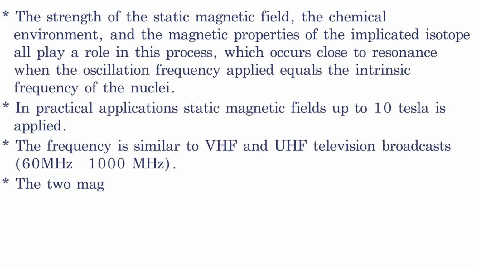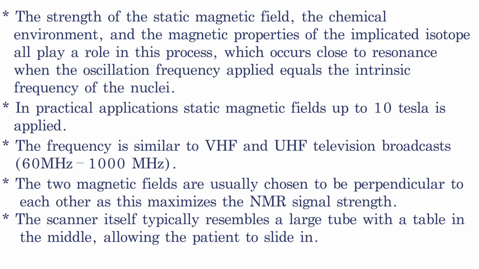The strength of the static magnetic field, the chemical environment and the magnetic properties of the implicated isotope all play a role in this process, which occurs close to resonance when the oscillation frequency applied equals the intrinsic frequency of the nuclei.